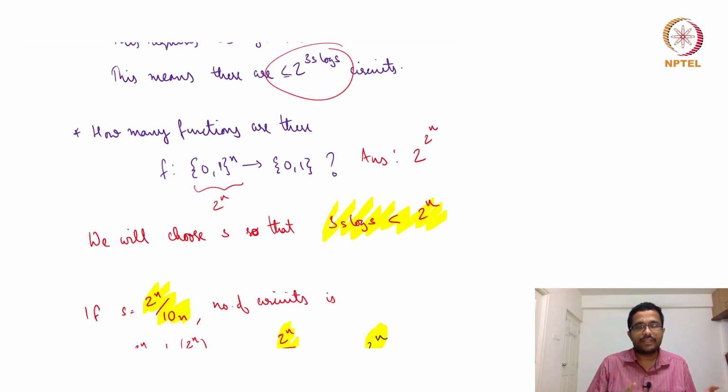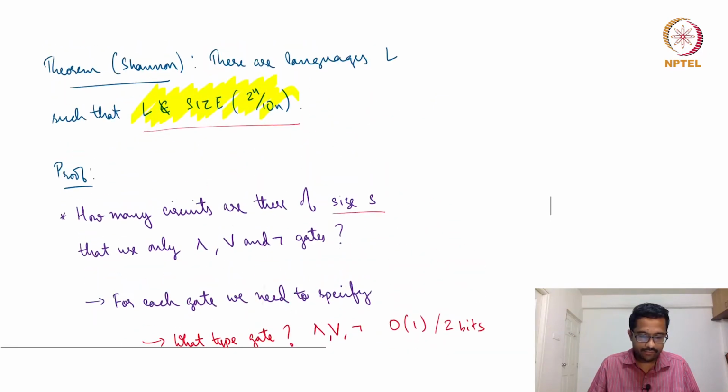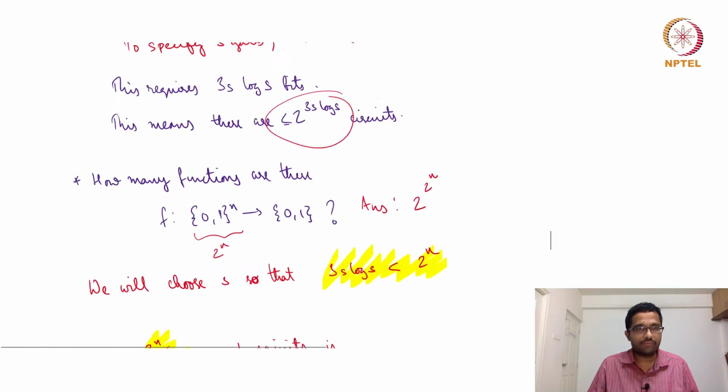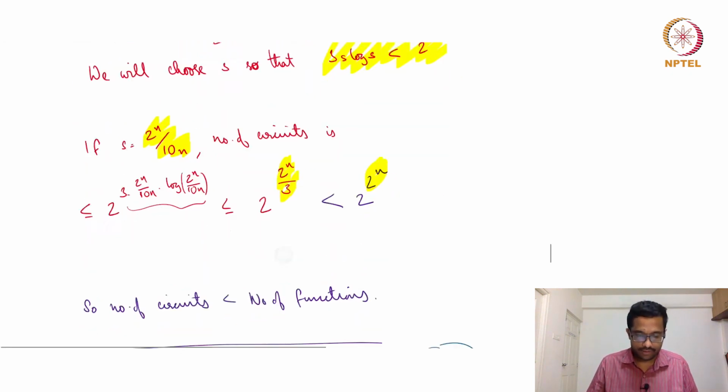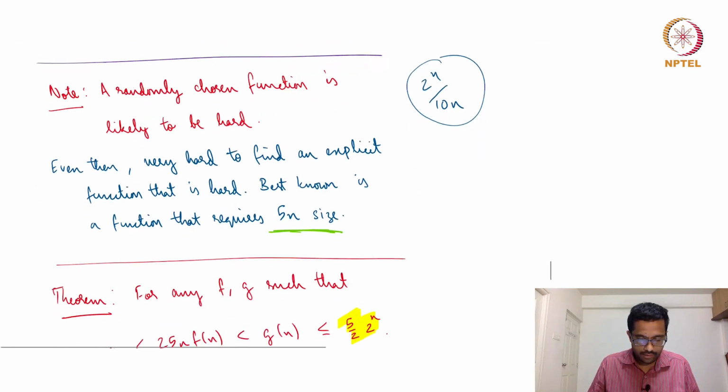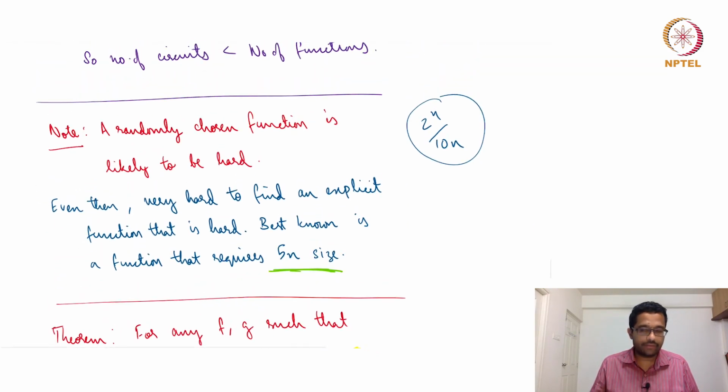We just counted the number of functions and the number of circuits, and we saw that when the size was 2 power n divided by 10n, the number of circuits itself is smaller than the number of functions. We also mentioned that for a randomly chosen function, the functions that cannot be computed in this size are an overwhelming majority.